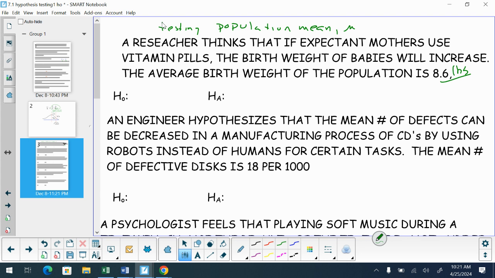So all the pharmaceutical people will say, hey, take these pills, we'll make the birth weight of your baby increase. So what we're saying here is what they hope is true is that this population mean, mu, if we take these pills, is going to be greater than 8.6 pounds.